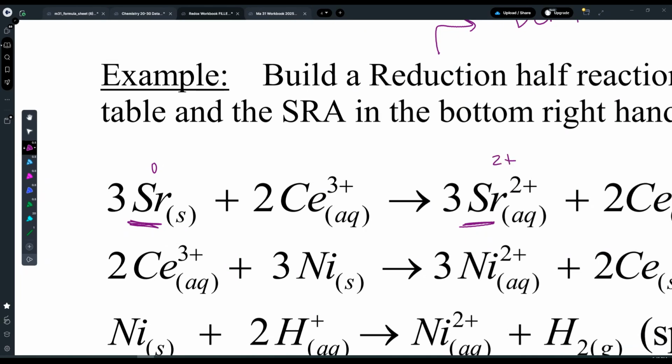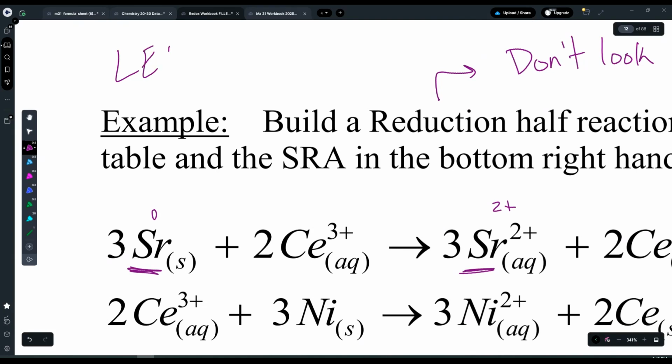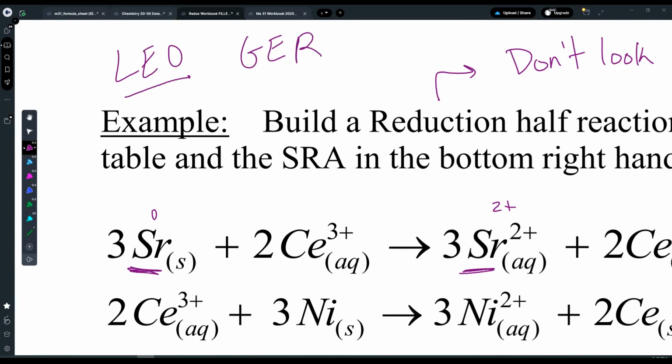If we're going from 0 to 2+, we're getting more positive. The only way you get more positive is if you lose electrons. So remember, LEO the lion goes GER. Losing electrons is oxidation. What's getting oxidized? That's going to be my reducing agent. So that's my RA.